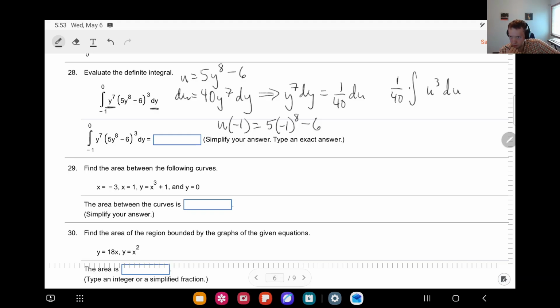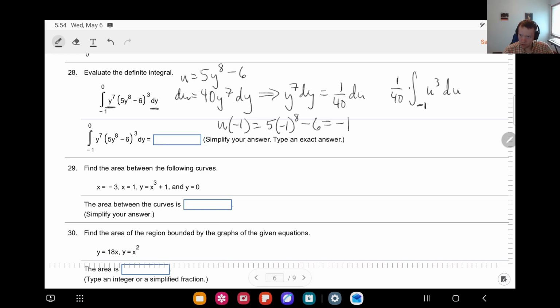Well, -1 to the 8th is 1 because it's an even exponent. So that's 5 minus 6, which is -1. Oh, that's cool, it didn't change. So my lower bound is still u equals -1.